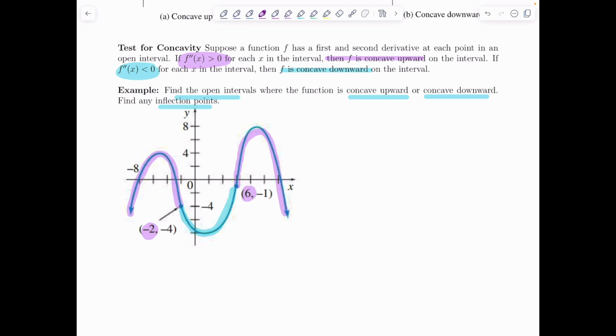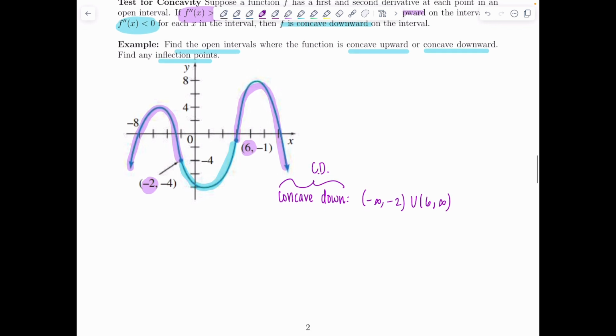So let's list the open intervals. Where's the graph concave down from negative infinity to -2, union 6 to infinity? It's very common. You can just abbreviate concave down, CD, okay? Concave up, you can also abbreviate that CU.